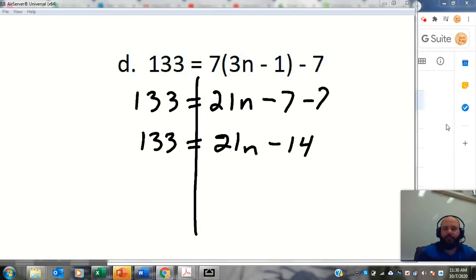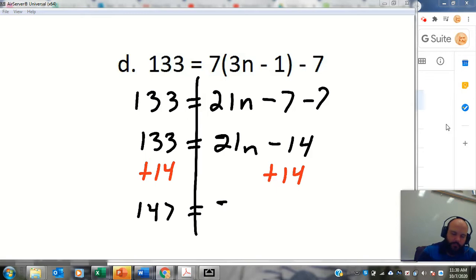And so now what we're left with again is just a two-step equation that we can go ahead and proceed to solve by adding 14 to both sides. And so 133 plus 14 is 147. And then I'm going to divide this side by 21.